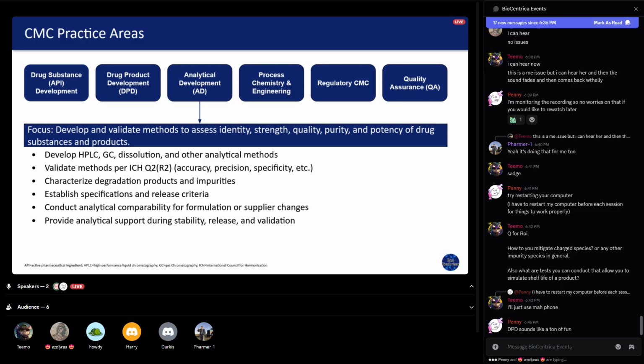Because the process that you've done might have been slightly tweaked, slightly different. But it's not like the drug is different significantly. You just need to make sure that based off of batch 1, which was approved, batch 2 is the same. So that's where the comparability team comes in. The last thing would be providing any analytical support during those stability tests, the release, and the validation.